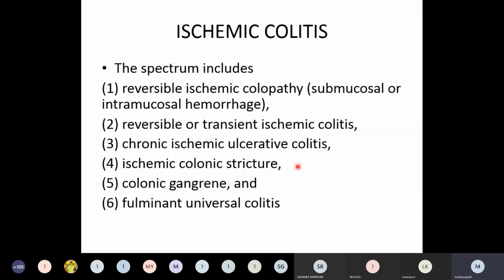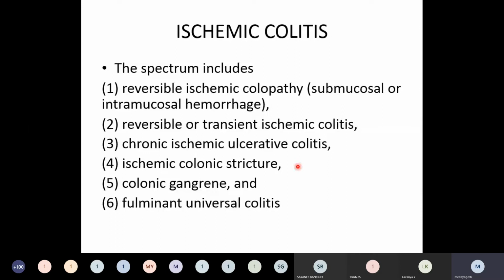Then the fourth spectrum is the ischemic colonic stricture. Due to long-standing chronic ischemia, the muscularis layer becomes ischemic and ulcerated, and that results in colonic stricture.